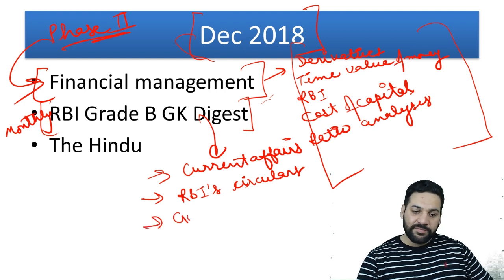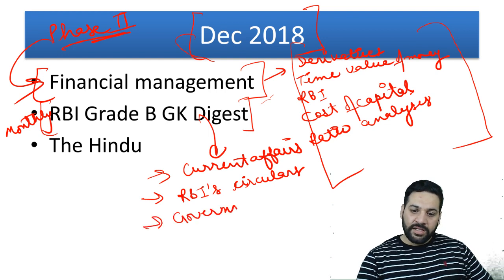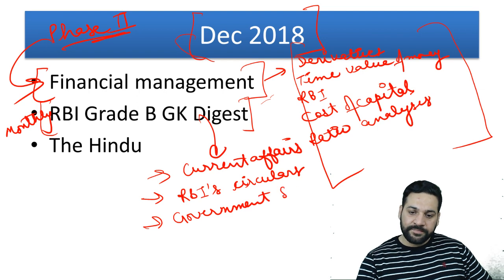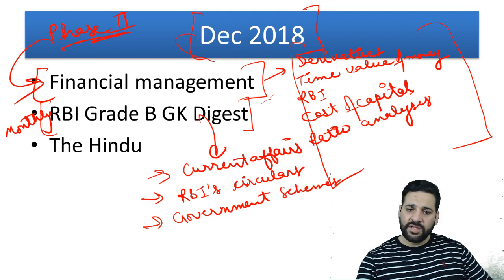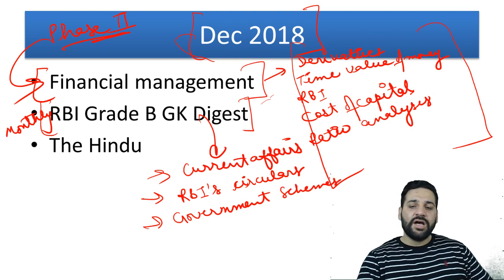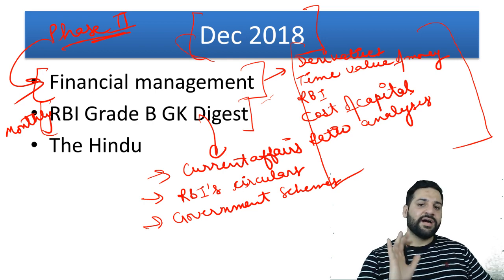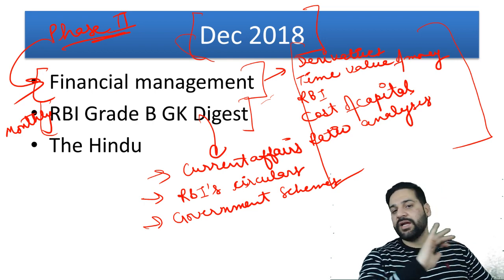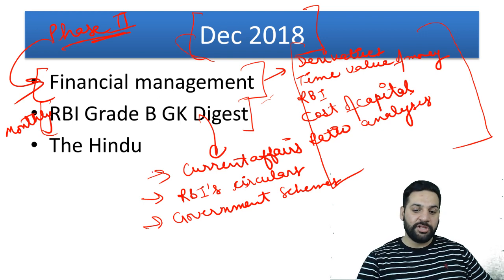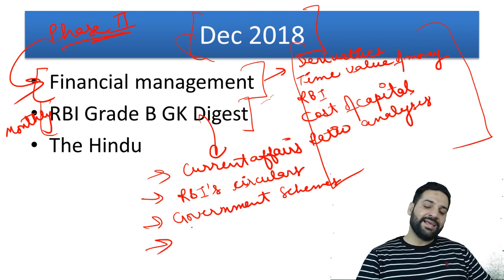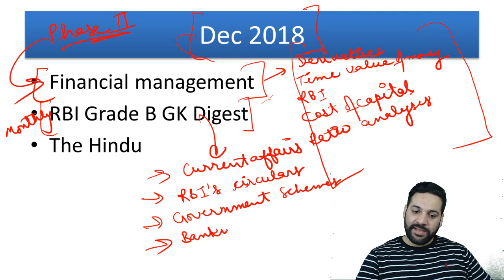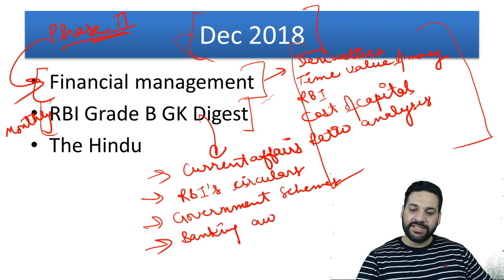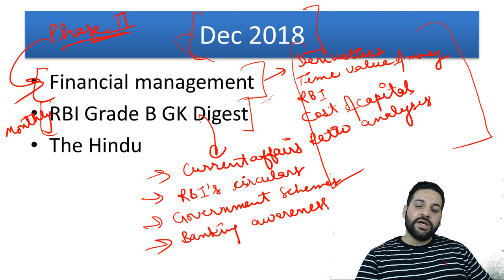Then the government schemes are part of the RBI Grade B GK Digest. In the phase 2 ESI paper, the government schemes are really important, and we are covering it every month in the digest. Then the banking awareness and the financial awareness are a part of this capsule.